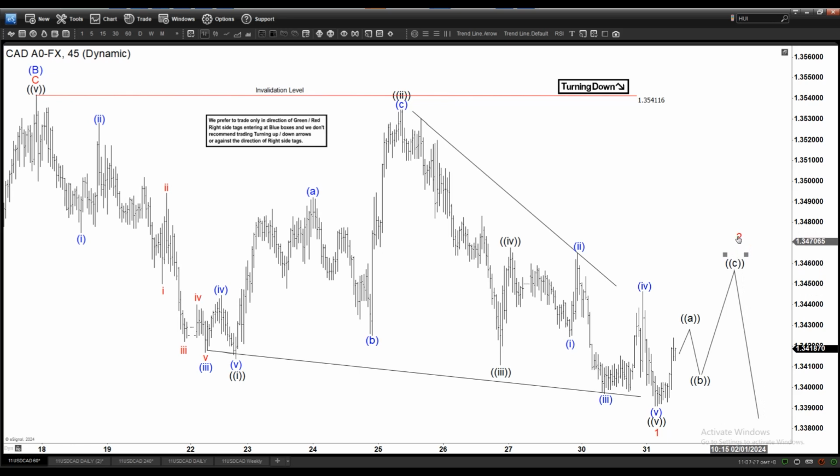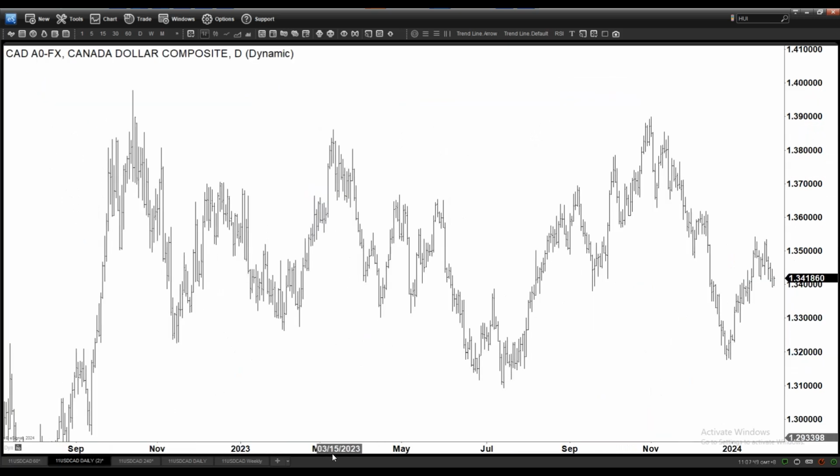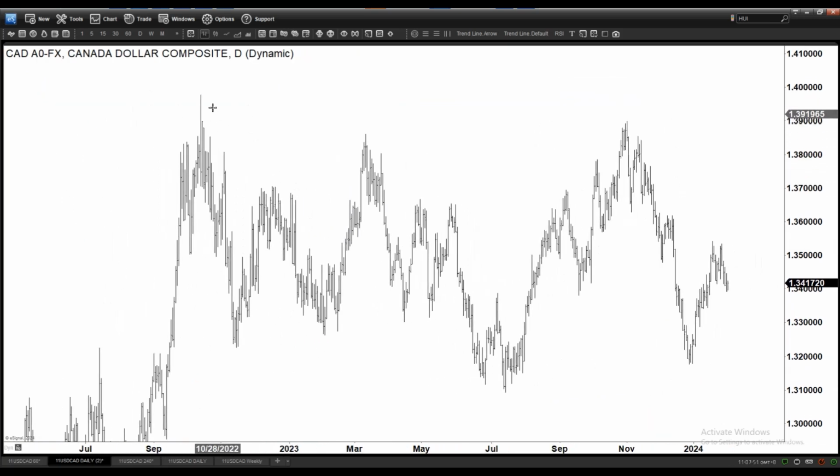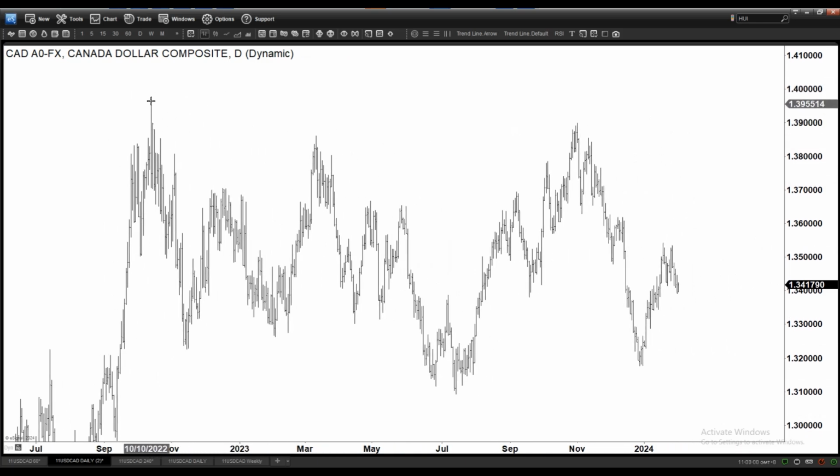But something to keep in mind though, you can see the arrow is turning down. Even though we do have what looks like a 5 waves with a divergence, so it looks good, still the arrow is not red, which is bearish if it is red. And the reason is simple, because if you zoom out and look at the daily time frame, we've been sideways since this peak here in October 2022. So it's been sideways for more than a year. Guys, this is 2 years ago.